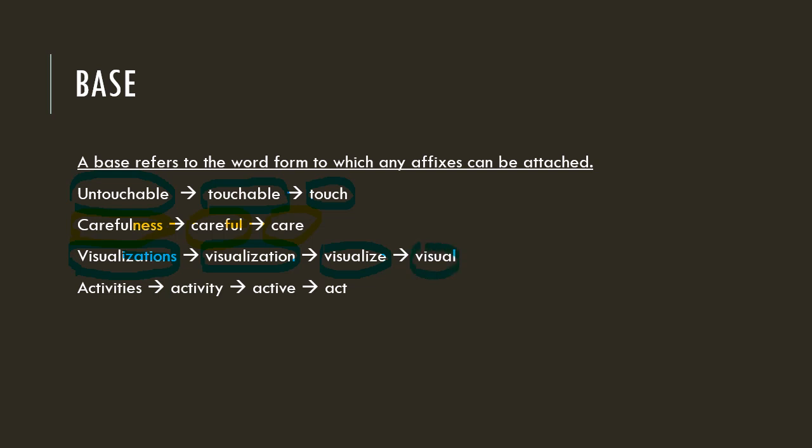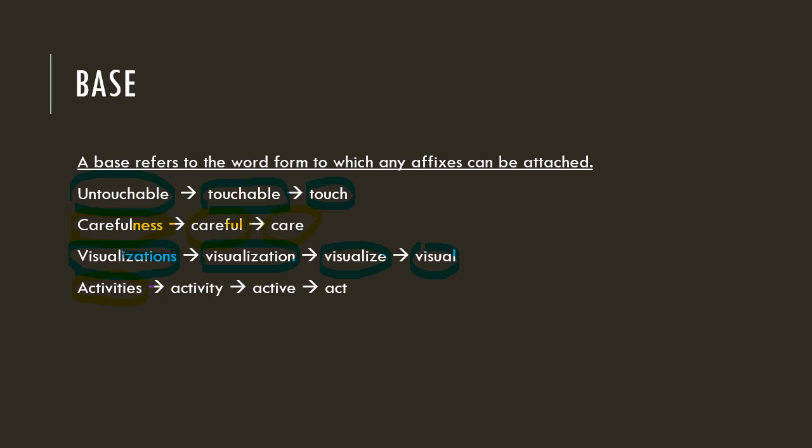Alright, then let's have a look at this word. Here I have activities. Okay. Again, in activities, we have several affixes. Let's remove from the one that comes the latest.